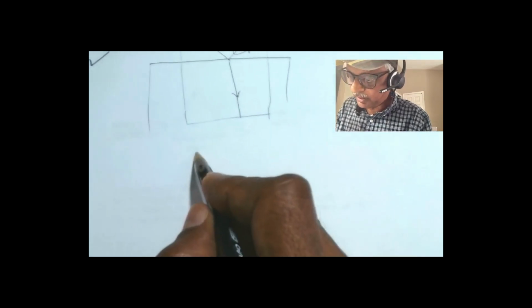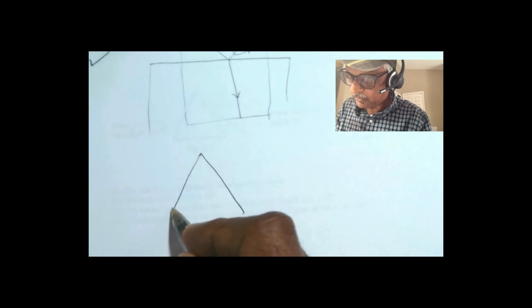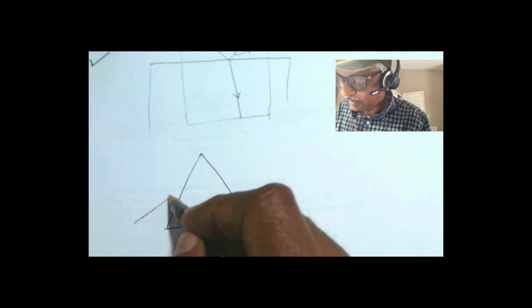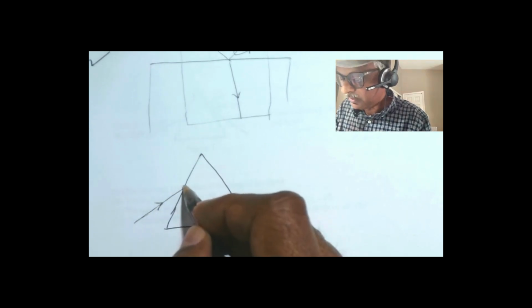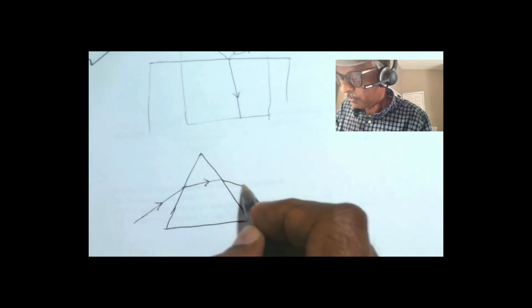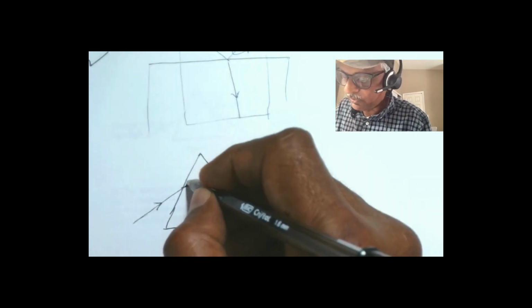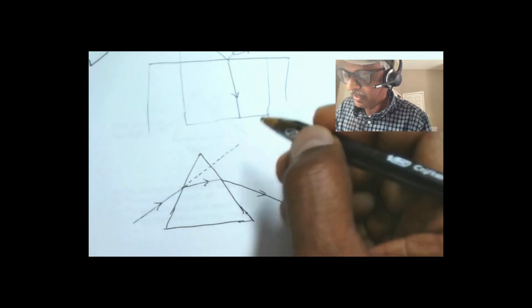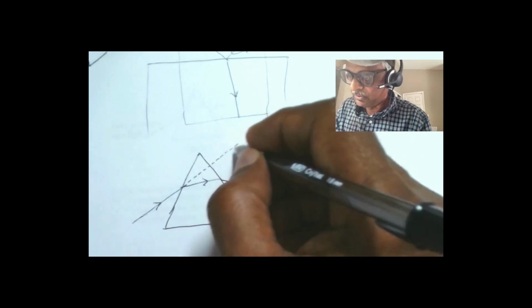So if I have a prism, and I send a ray and it bends around like that and comes out like that, then if you extend this, so that's the situation, right?